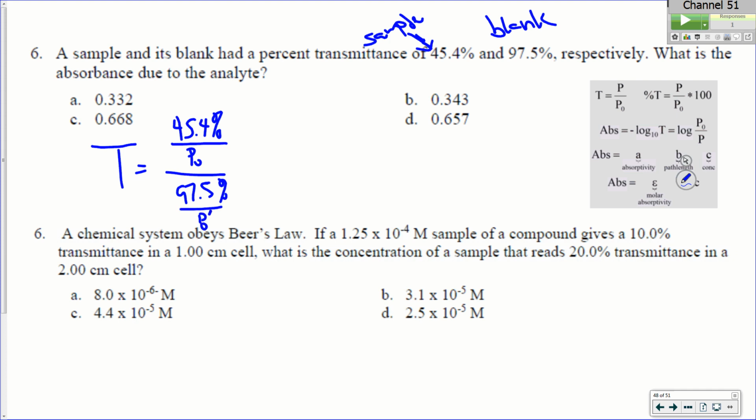The P naughts would cancel out in the ratio, so that would be my transmittance ratio of the two. To calculate the absorbance, it's going to be the log of the ratio of P naught over P: 97.5 divided by 45.4. That comes out to be one of my numbers.